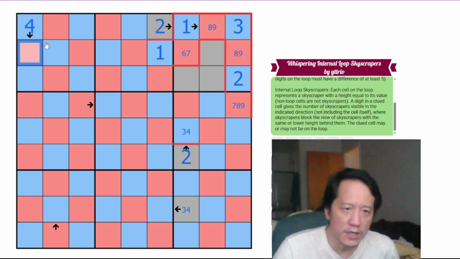Actually, no, it cannot. If it's part of the loop, then this would be part of the loop, and it would have to see 4 skyscrapers, which would mean 6, 7, 8, and 9, which is not allowed. So this is not part of the loop. It must see 4 skyscrapers.